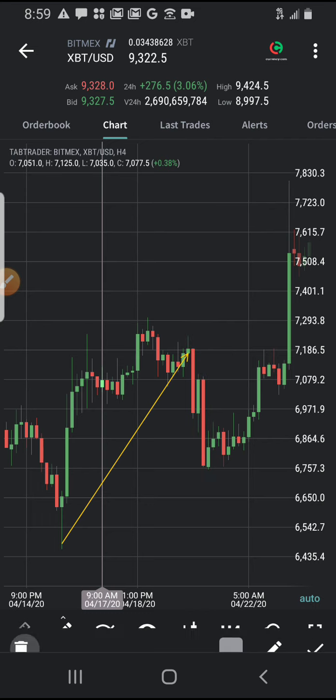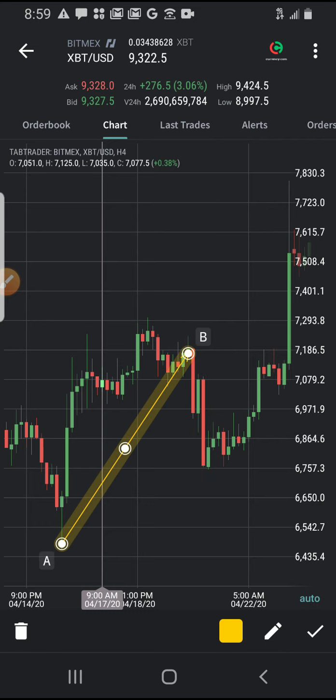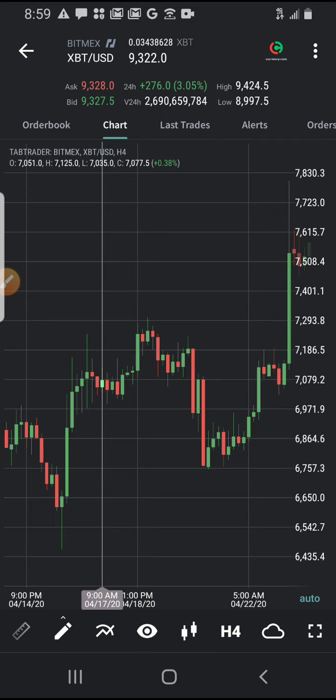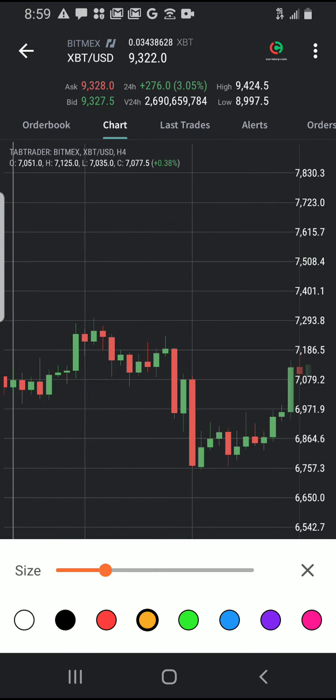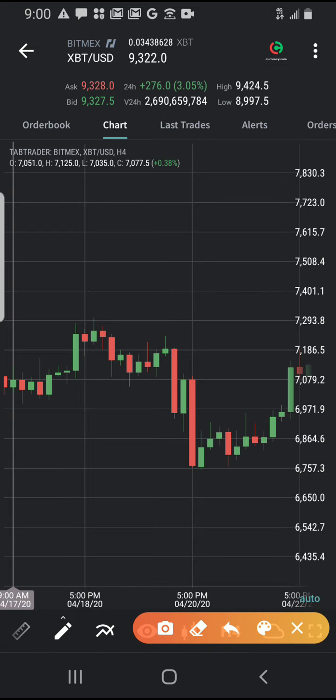So I'm going to show you as a trader what you are supposed to do. Take for example, you're on this H4 time frame and you spotted this shooting star candle. If you are holding the coin, what you are going to do is sell the coin.